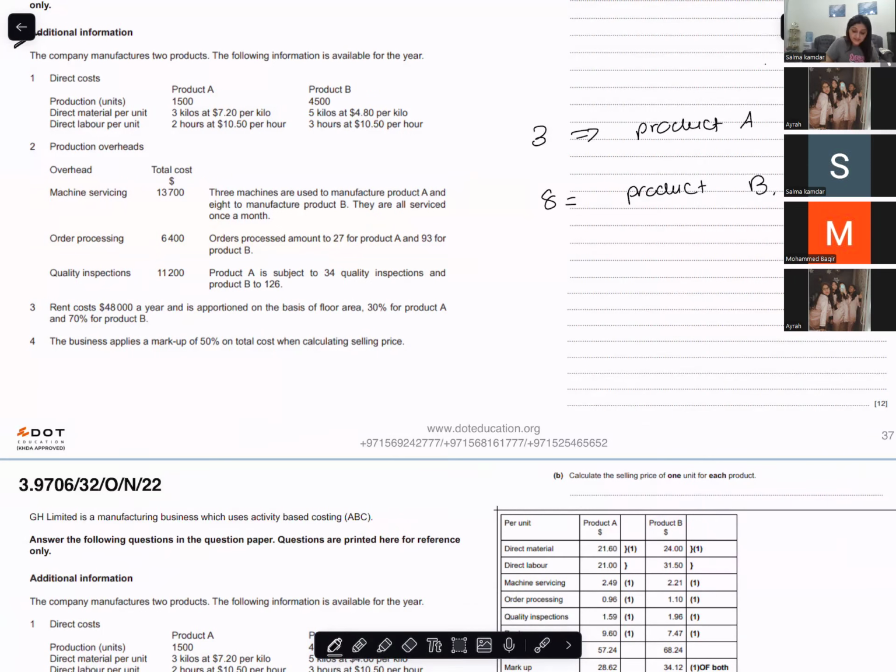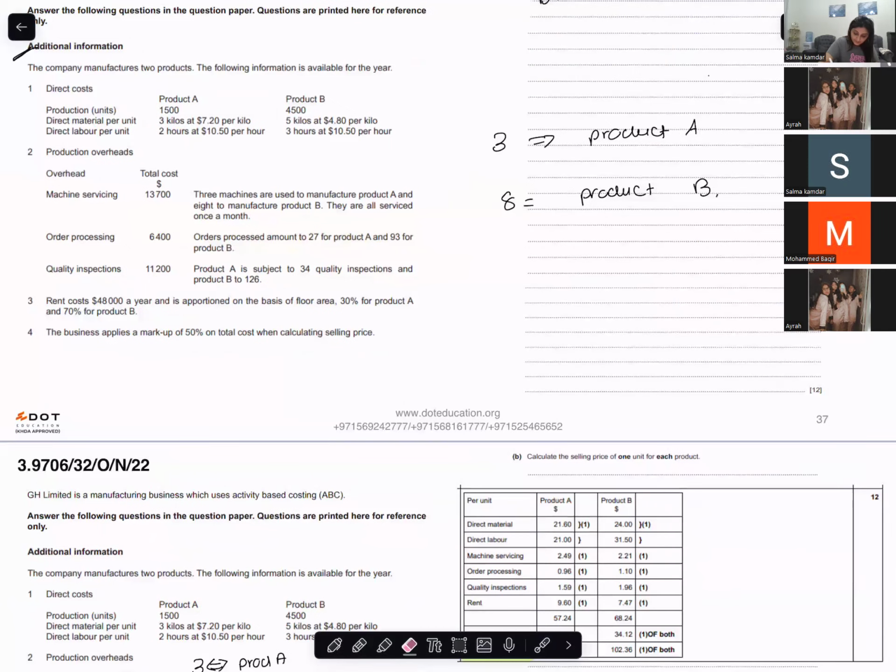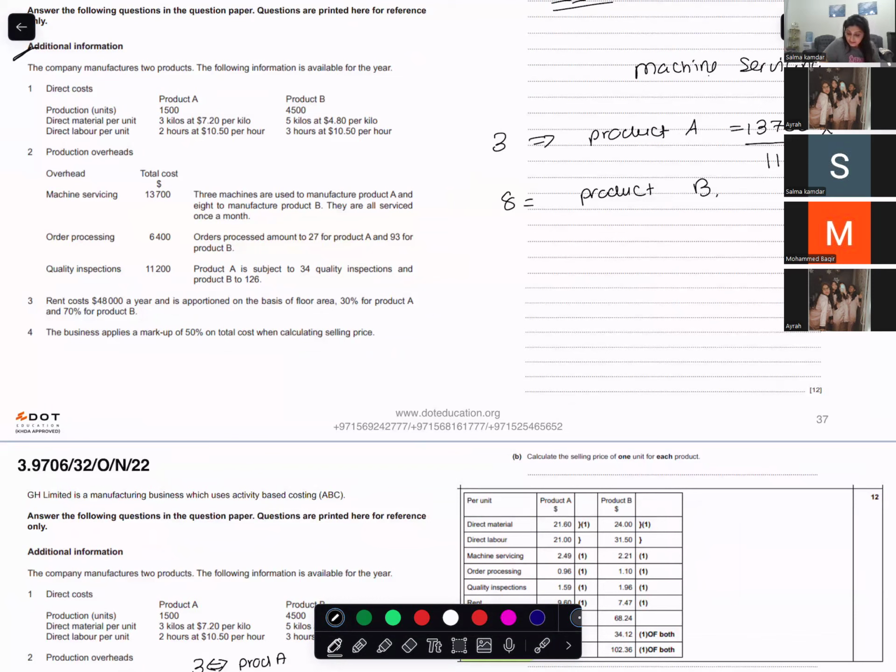Total machine servicing is how much? 11. So for product A it will go how much? 13,700 upon 11 into 3, so it's coming in decimals. You also have to divide by the number of units, right? Because you're doing everything in units.